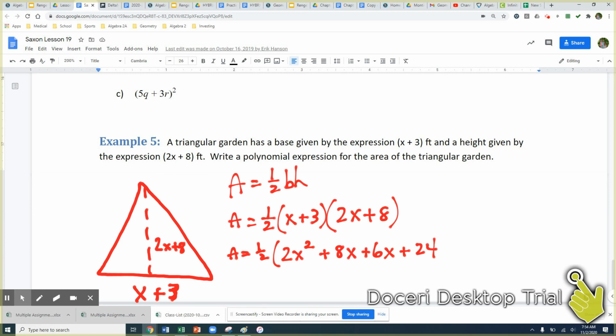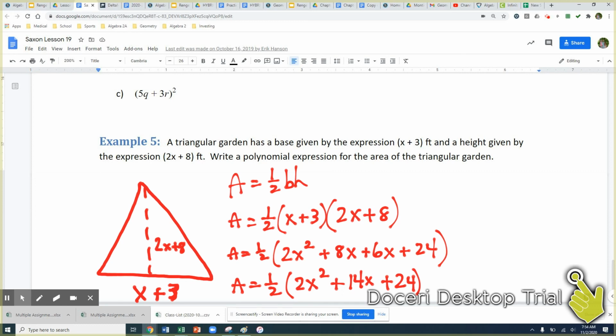So there's the result of FOILing my problem. And again, you look at your O's and I's, those combine to make 14x. So we're going to have area equals 1/2 times 2x squared plus 14x plus 24. Now we've still got that 1/2. The 1/2 is going to halve each of these terms. The distributive property happens here.